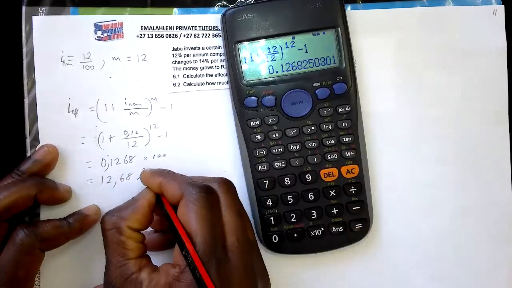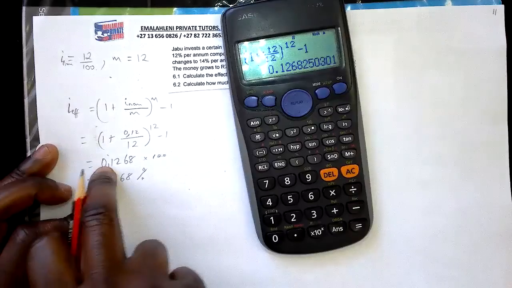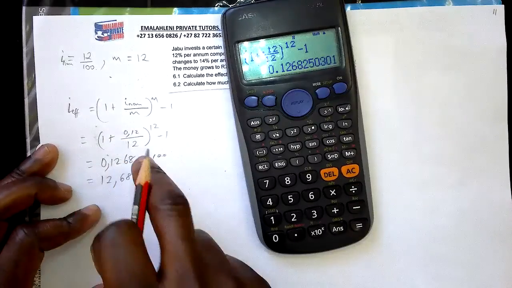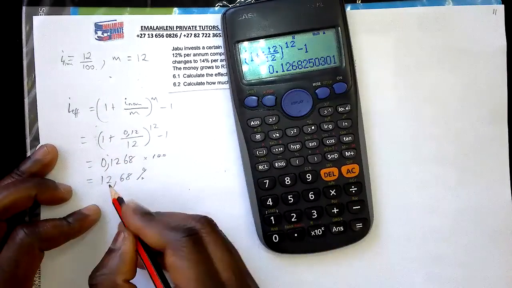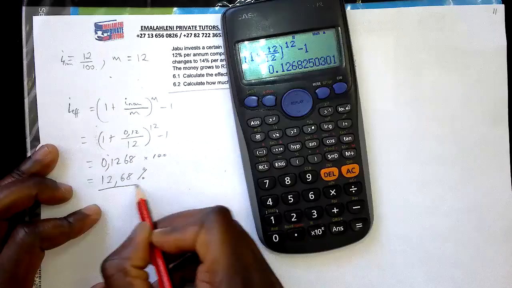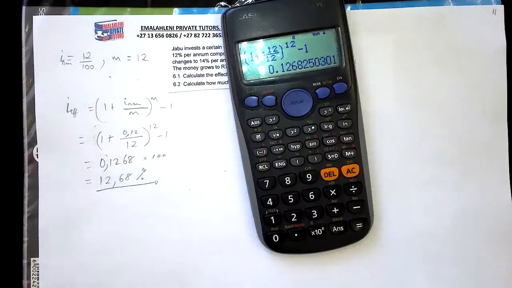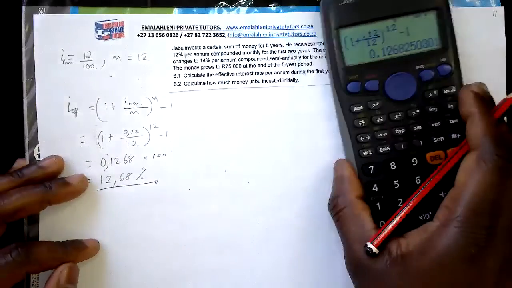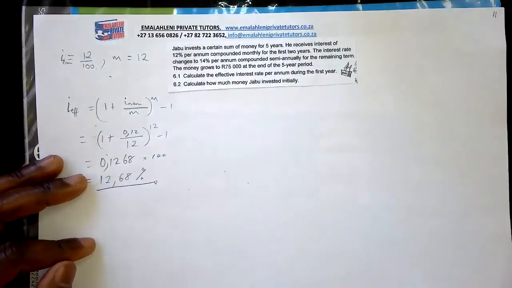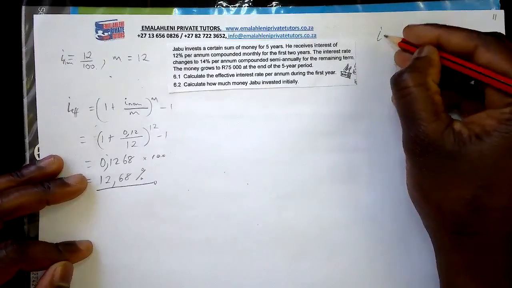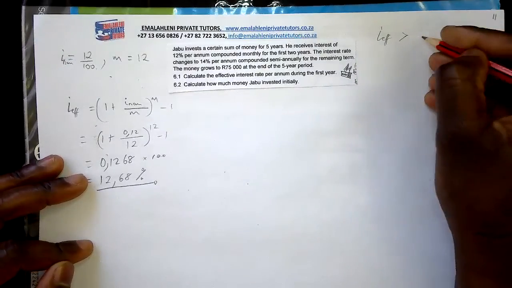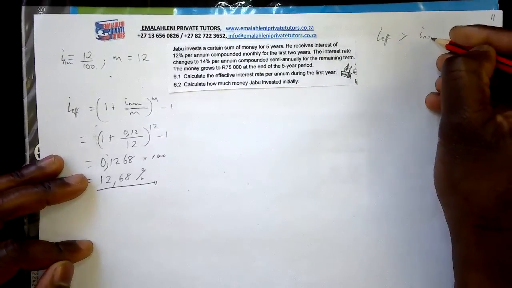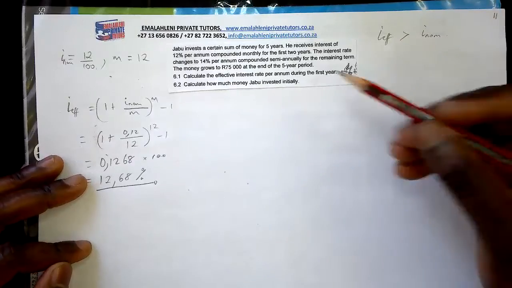I don't want you to write this as 0.1268%. You mustn't write that, please. So I effective will be 12.68%. You must know that I effective is always greater than I nominal.